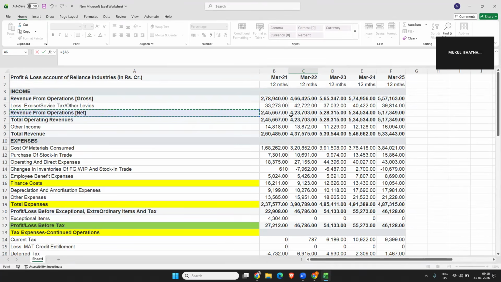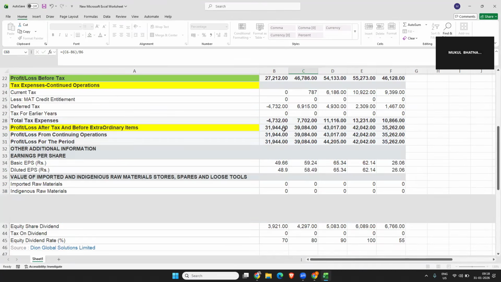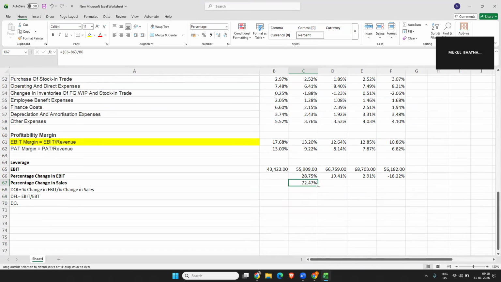This is revenue from operation net. This is my current sale minus previous sales, bracket close, divided by previous sales, enter. And if I will scroll it further, I will have percentage change in sales.